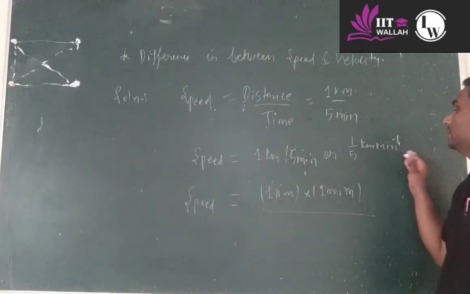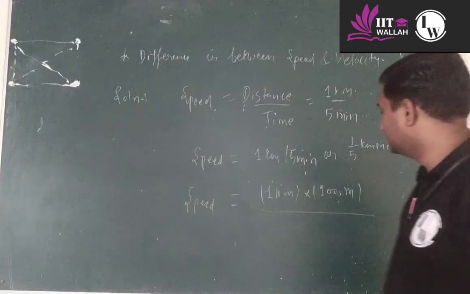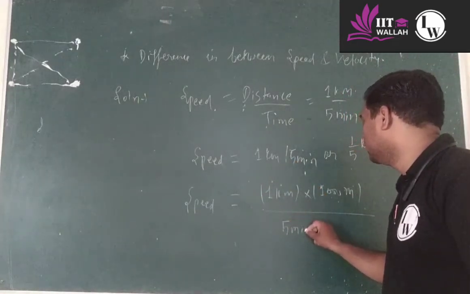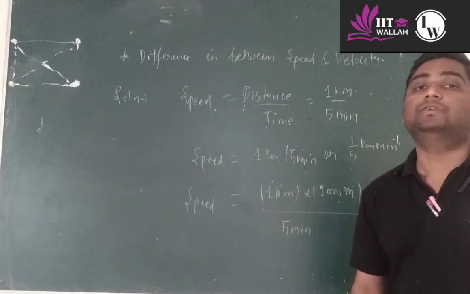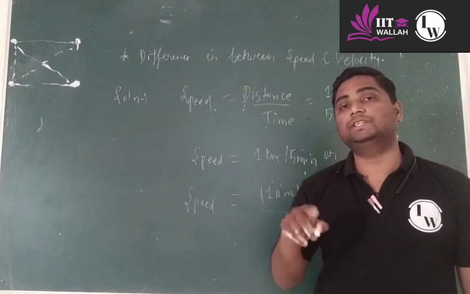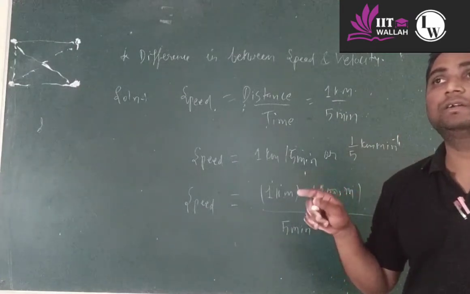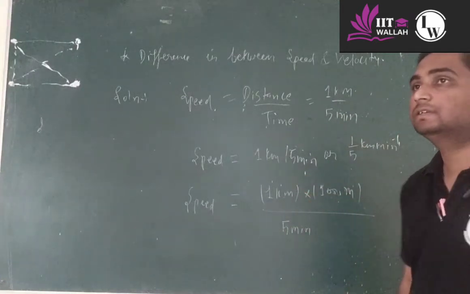Now change 5 minute into second. You know that 1 minute is equal to 60 second.